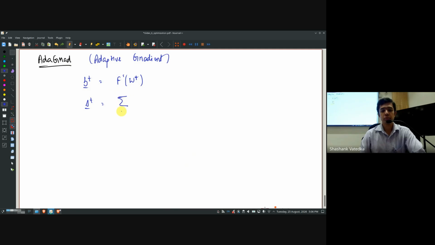So it's equal to the summation over t prime equal to 0 up to t of bt square. Again, when I'm doing this operation bt square, I'm essentially using the Python or NumPy notation in that each component is being squared over here.